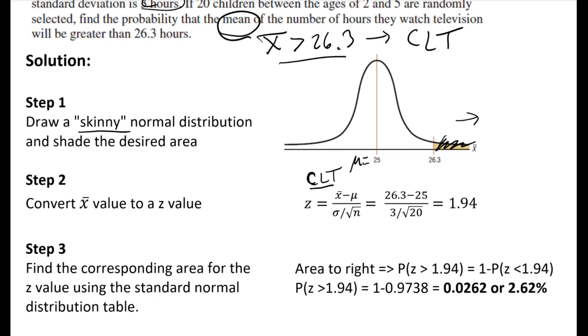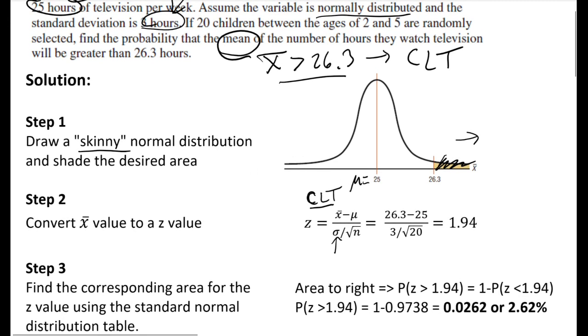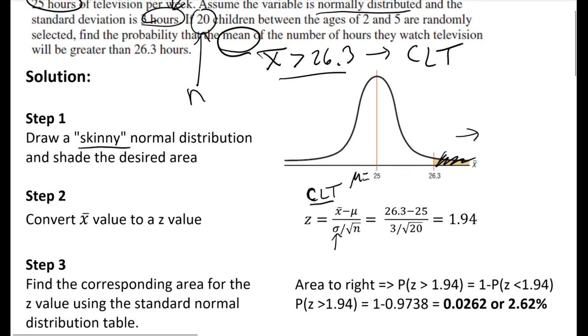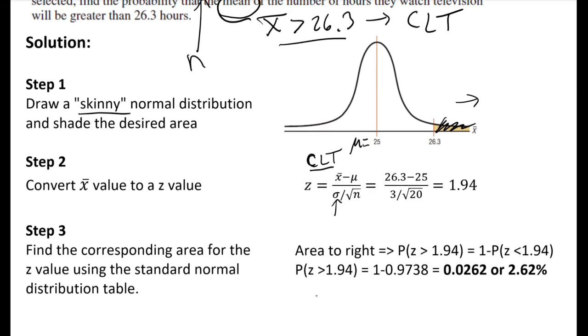Sigma was equal to 3 earlier. The sample size, it says you're looking at 20 children, so my sample size is 20. We plug in those numbers and we get a z-score of 1.94.